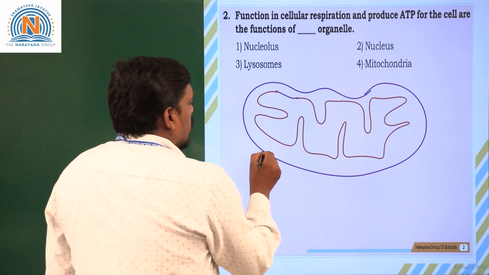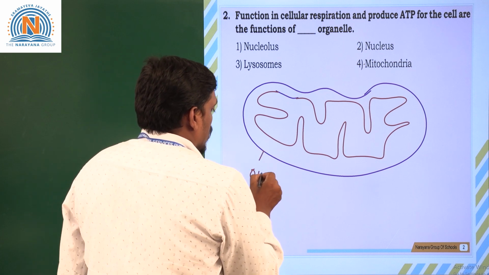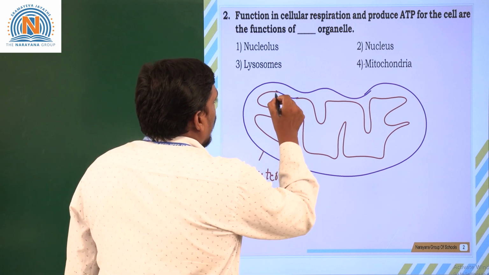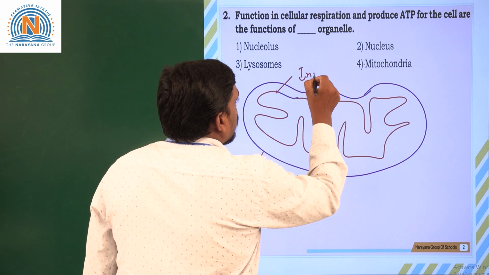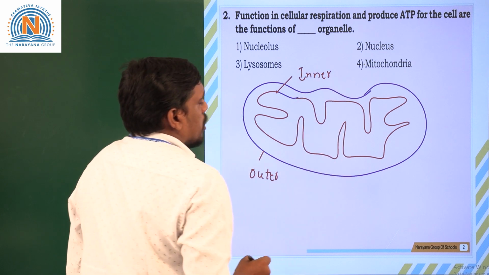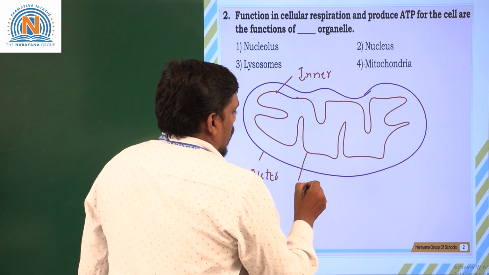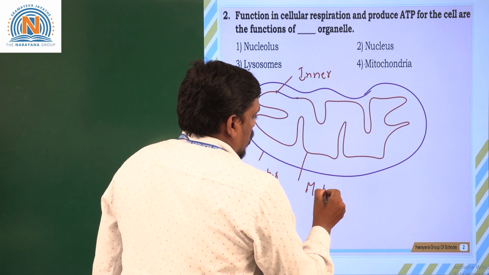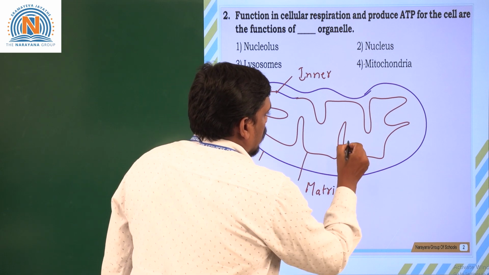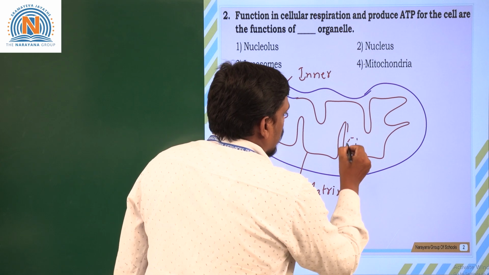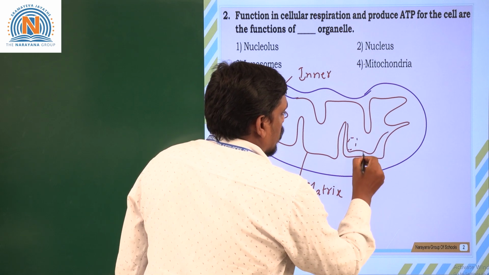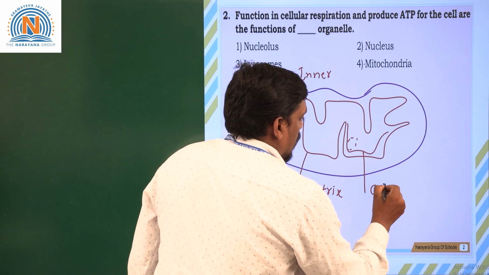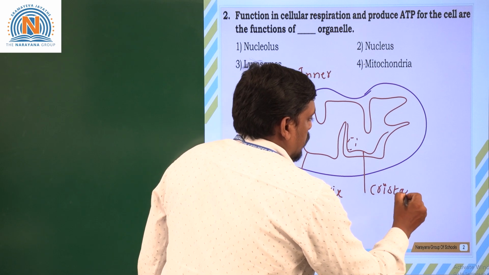The mitochondrion has two major membranes, an outer membrane and an inner membrane. In this inner membrane, there is a matrix. Inside this matrix, a fluid is present, and there is one more structure called cristae. What is it called? Cristae.